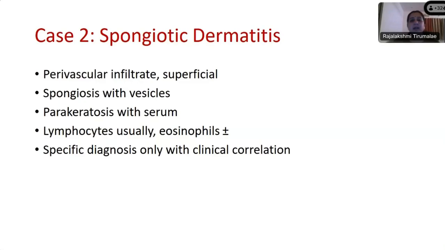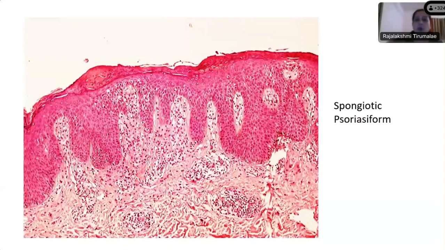Now, spongiotic dermatitis evolves. How does it evolve? If it's persistent, it evolves into a spongiotic psoriasiform pattern, or if it goes on for even longer, what do you see? You see this lichenification, right? So this is called lichen simplex chronicus, in which the spongiosis is very minimal. You don't see spongiosis at all.